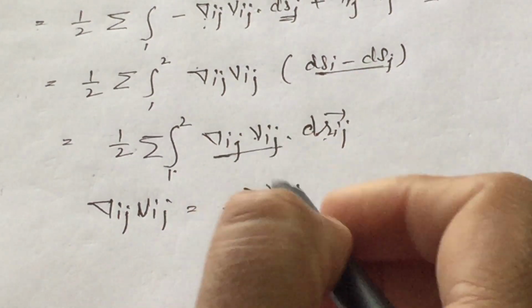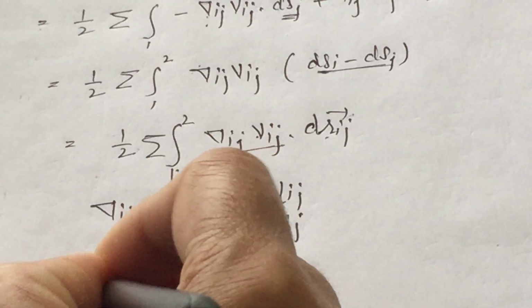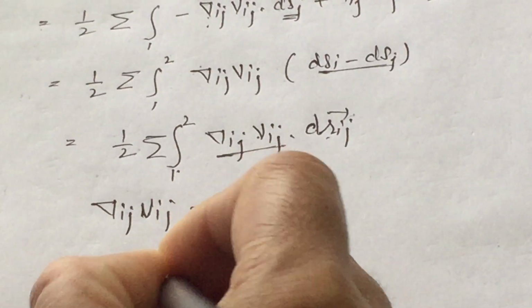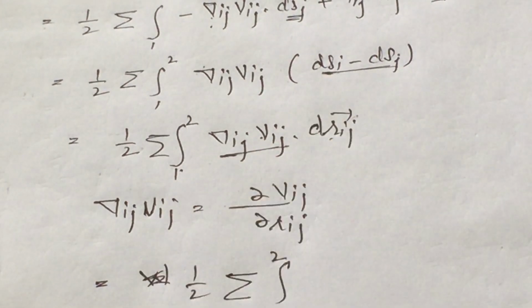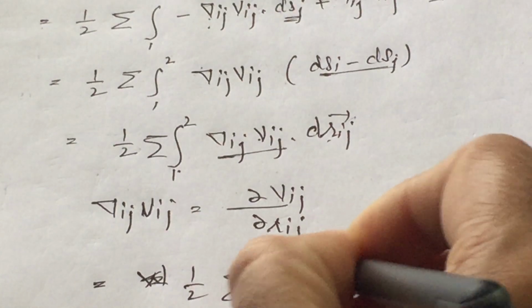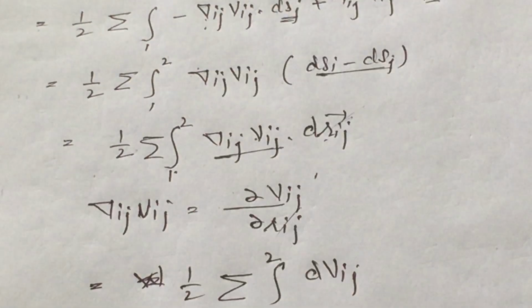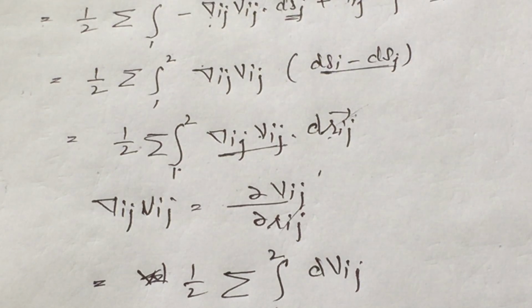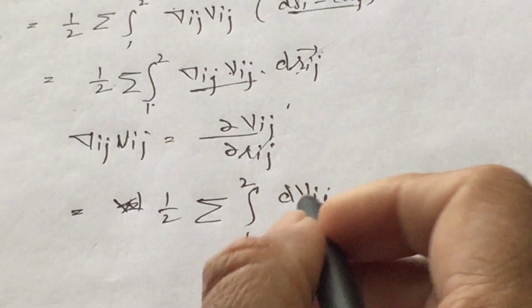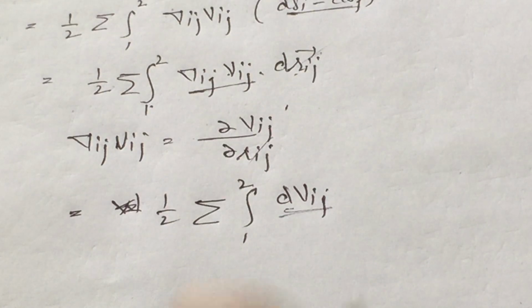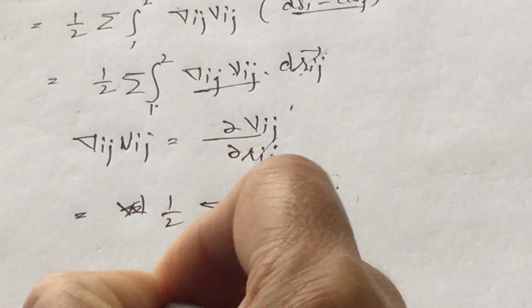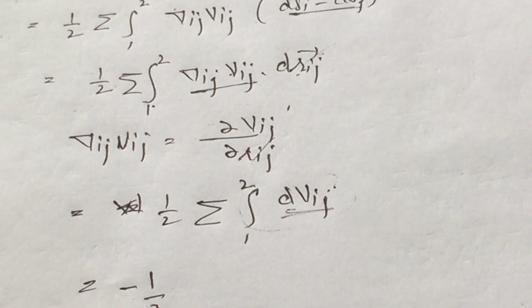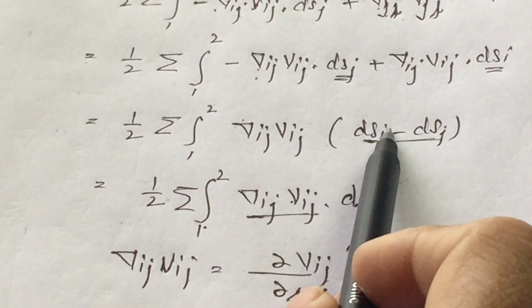So we can just put this value here and cancel out, and you will get 1 by 2 summation, from position 1 to 2, and we get dVij as we have cancelled out these two terms. And this term is indicating the change in the internal potential, and if we just integrate it, we will have minus 1 by 2, as we have taken the negative sign common from here.